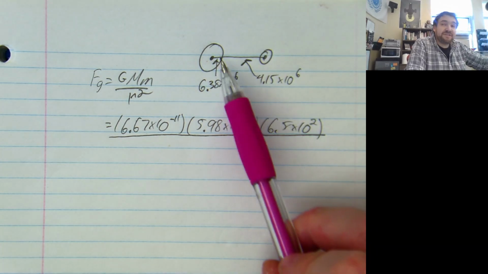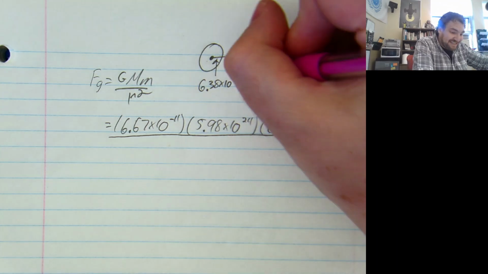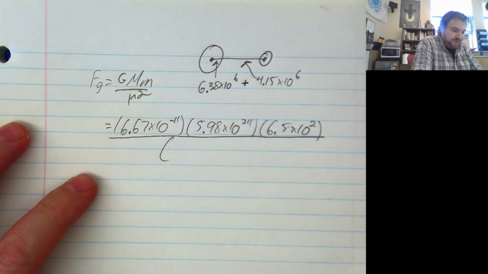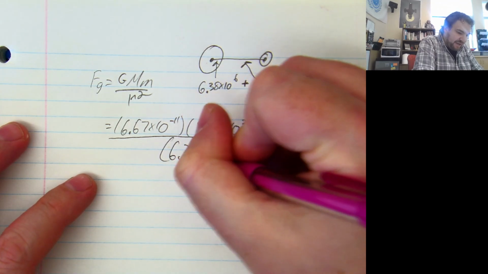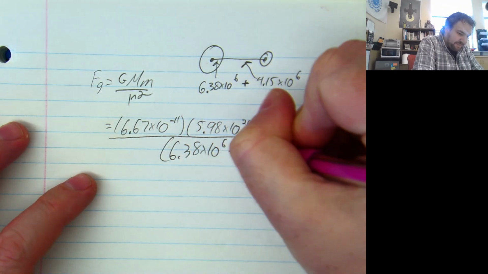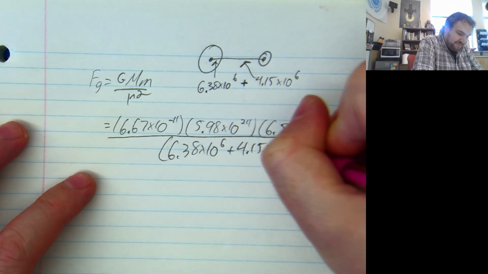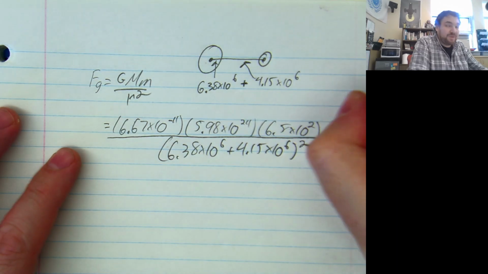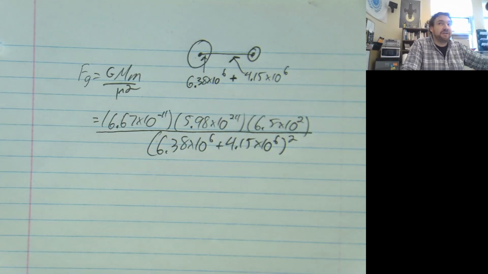So the total distance from center to center is the sum of these 2 distances. So then that R value down on the bottom is going to be 6.38 times 10 to the 6 plus 4.15 times 10 to the 6. And that's R squared in the denominator. So this is the thing that you're punching into your calculator.